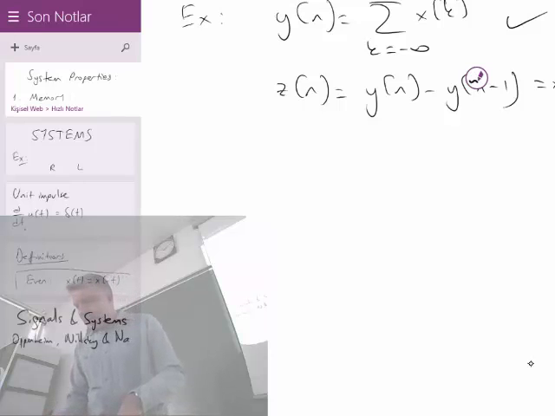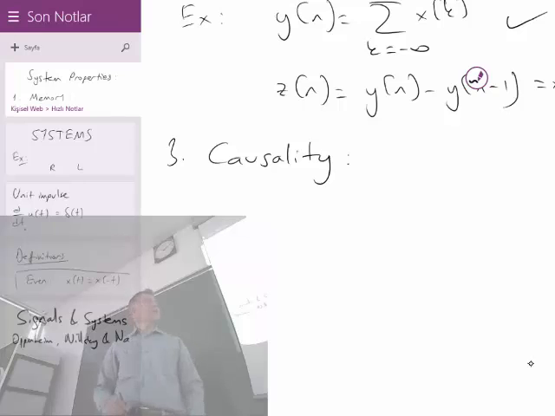And yeah, the next property is causality. This is one of the words that students fail to pronounce. I have seen several cases of casualty and things like that. Casualty is of course something else. This is causality.